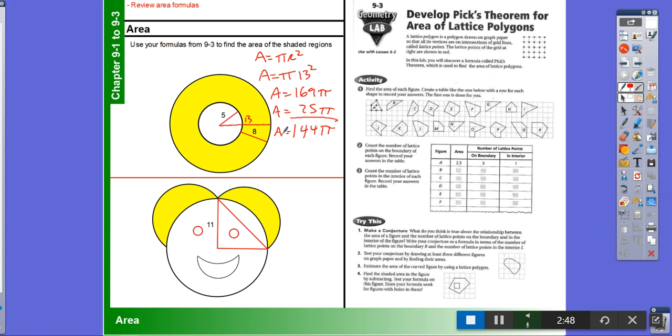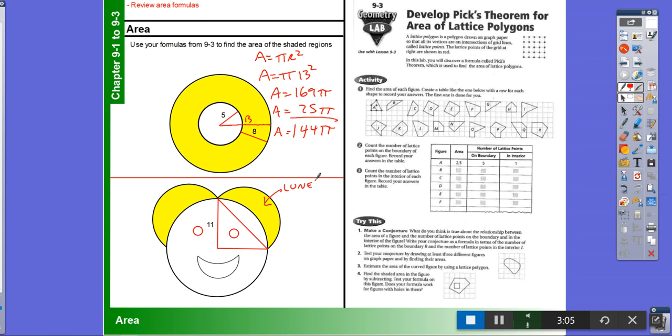All right. Now for our cute little figure here with the yellow ears. This shape here is called a lune. Now, we could find the area of the lune by doing this.